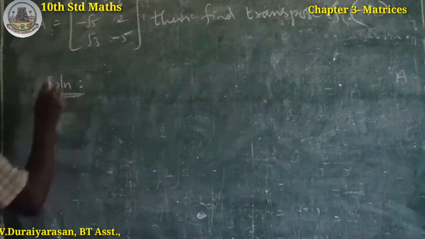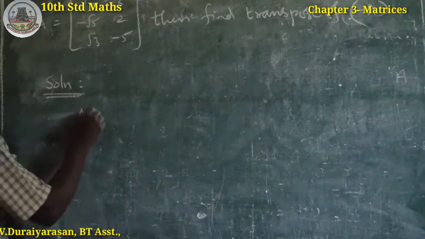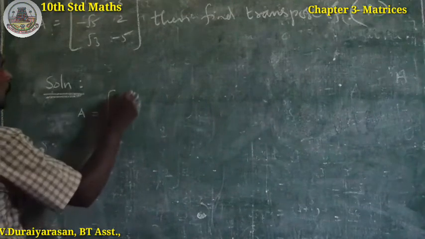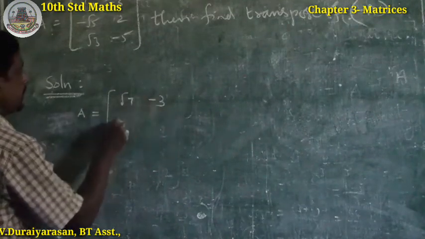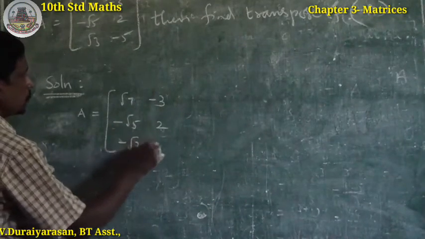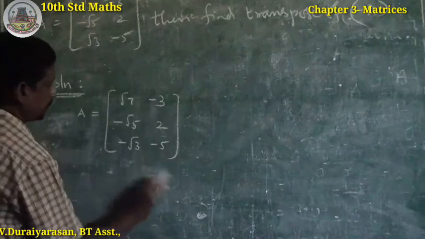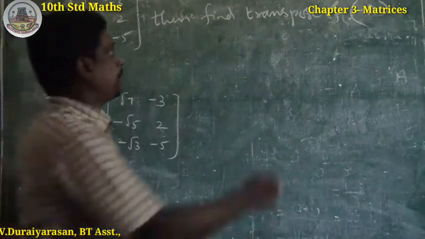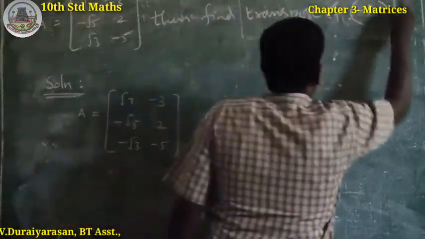This is one more 2-mark question. A is given. What is A? Root 7 minus 3 minus root 5 2 minus root 3 minus 5. First to find, what is the question?